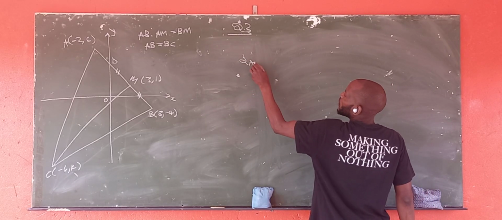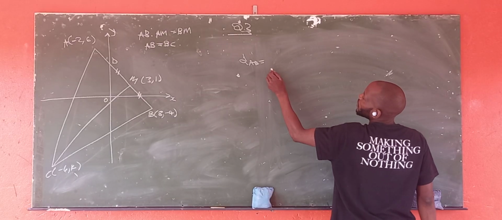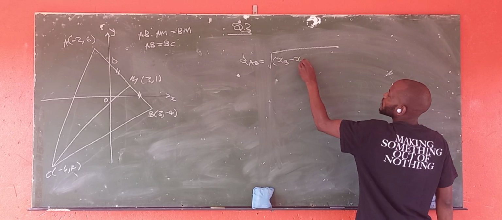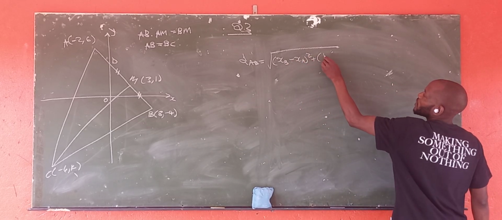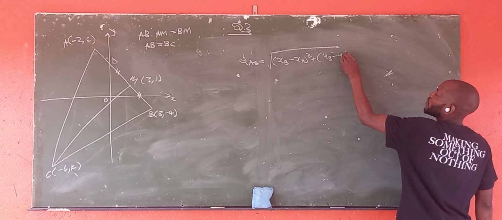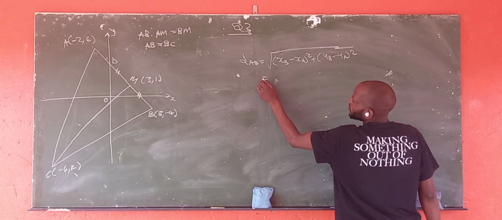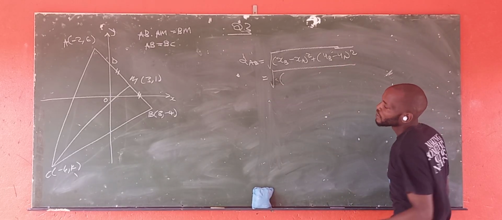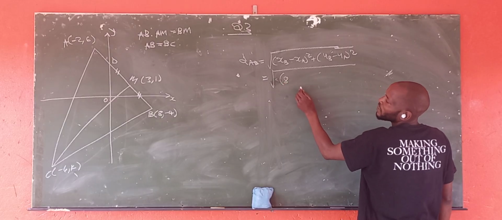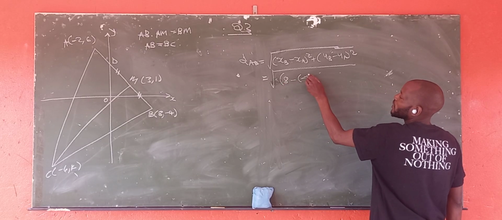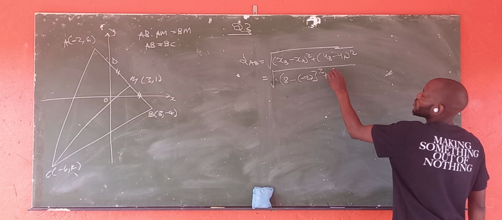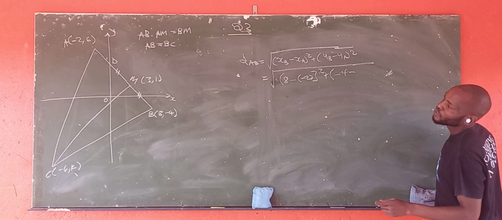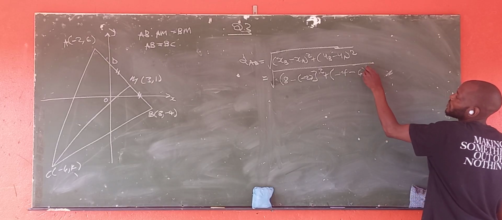The distance of AB is equal to the square root of x at B minus x at A all squared plus y at B minus y at A all squared. So the distance would be the square root of x at B, which is 8, minus negative 2, that's x at A, all squared, plus y at B, which is minus 4, minus y at A, which is 6, all squared.